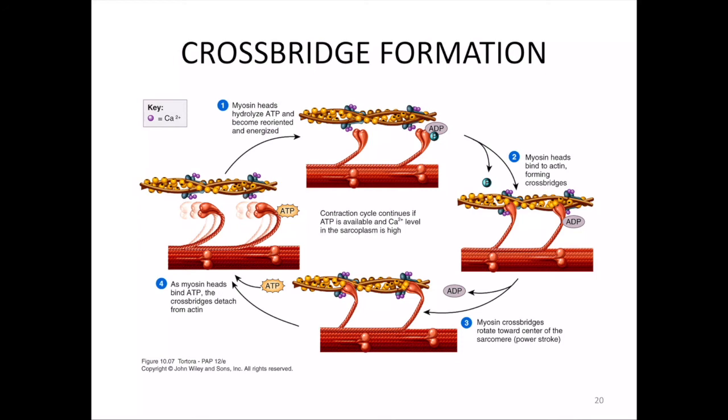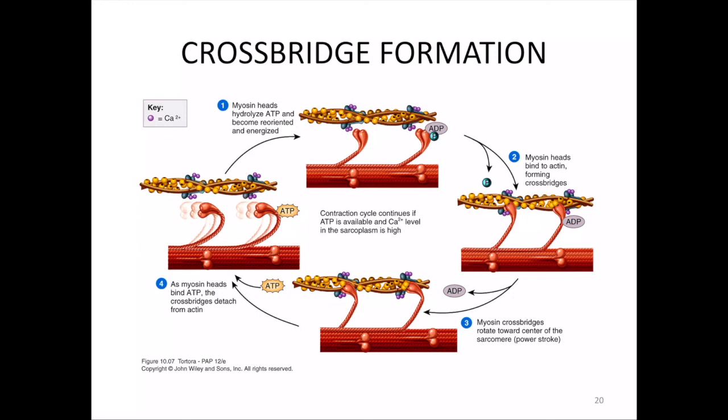So first of all, ATP is going to bind to the myosin head. So we're going to start off with this region over here in between step 4 and step 1. They're showing you here's your actin myofilament, and this is your myosin myofilament over here.